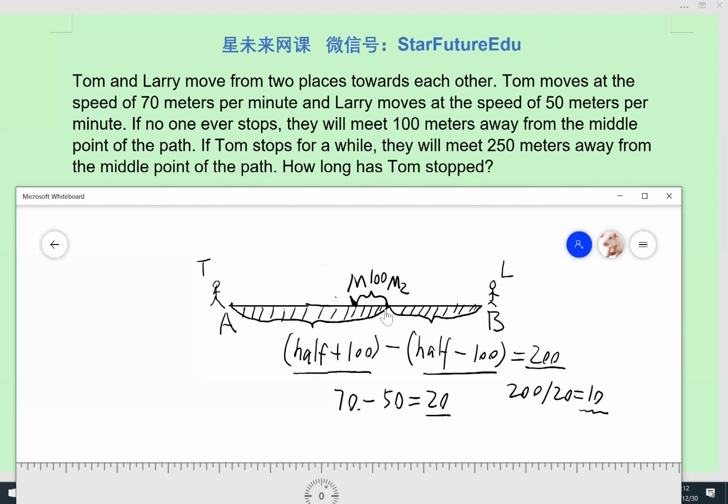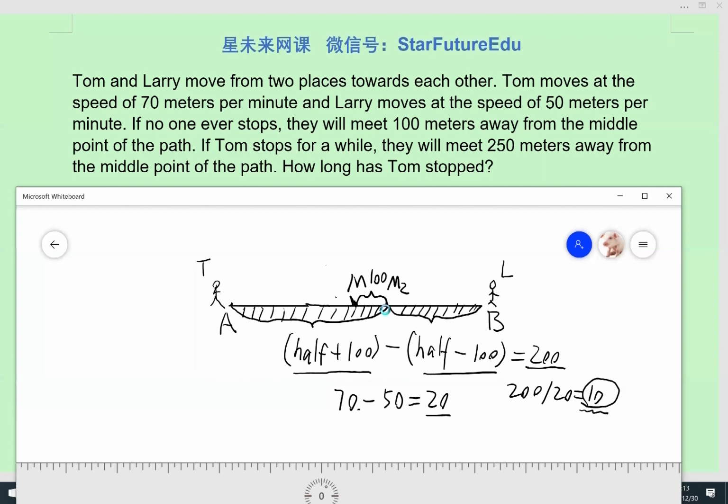Fabulous. Now that we have found the time they have spent traveling, which is 10 minutes, what else can we find? Don't forget that we know their speed and the time they spent traveling. So what can we find now? The total distance. Fantastic. This process is also a meet problem. They move towards each other.